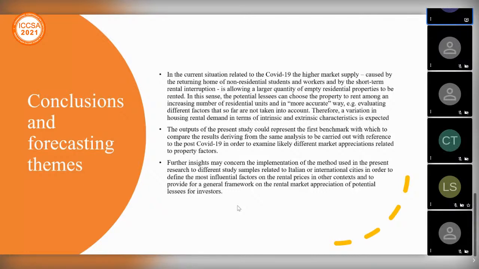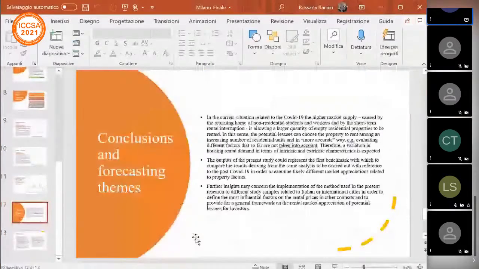This study could be a solid reference both for the private and the public administration. And I'm very curious to see if post-COVID the dynamics represented by these frameworks are going to change, and to what extent. So thank you.